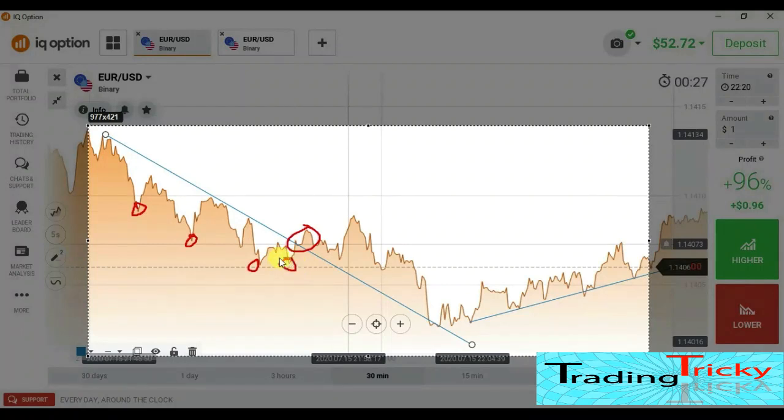This time it didn't make a new low, and after hitting it's trying, but finally went up.